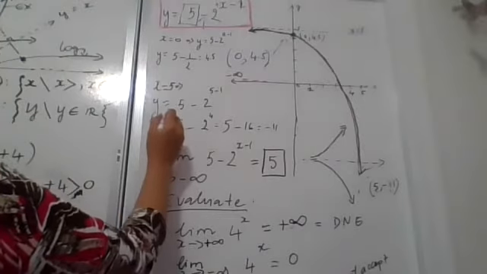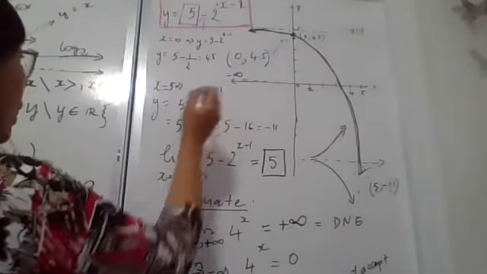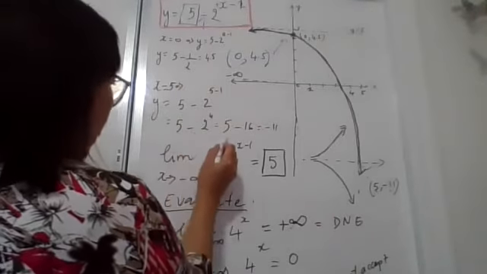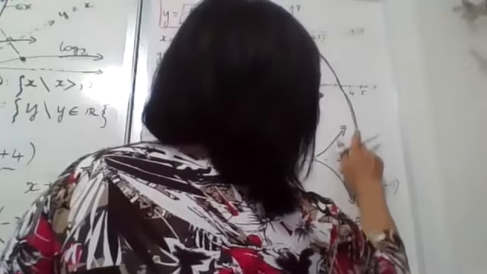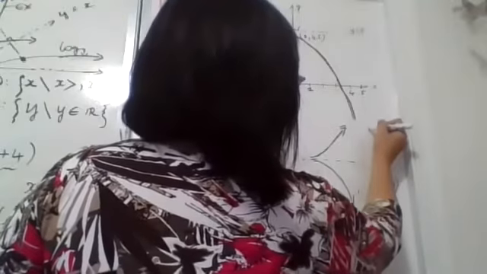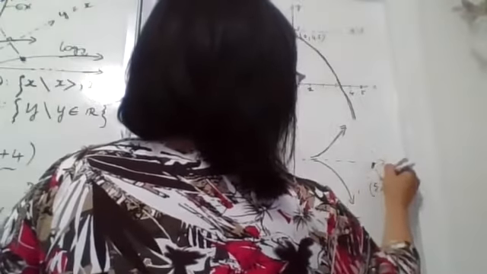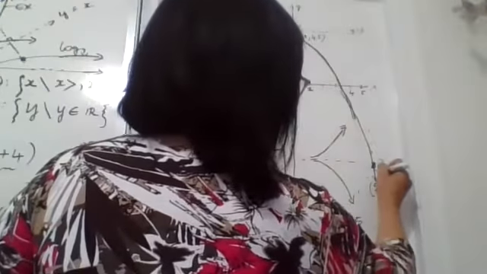I calculate again for y. So 5 minus 2 to the power of 5 minus 1 becomes 5 minus 2 to the power 4, which is 5 minus 16, and equals minus 11. So at this point, x equals 5 and y equals minus 11, about here. I know that my function will go to this point.